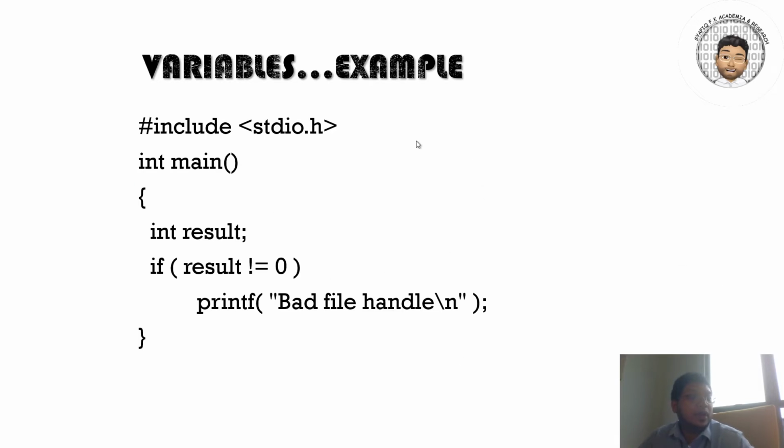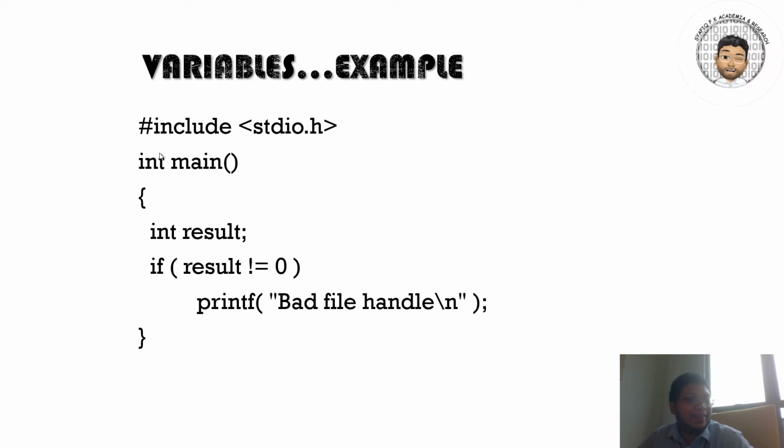Okay, so in this case, for example, we have a variable example. Integer main, integer result. If result not equal 0, printf bad file handle. So here, in this case, int result. Is result the variable or in the variable? What do you think? Can anybody answer me?